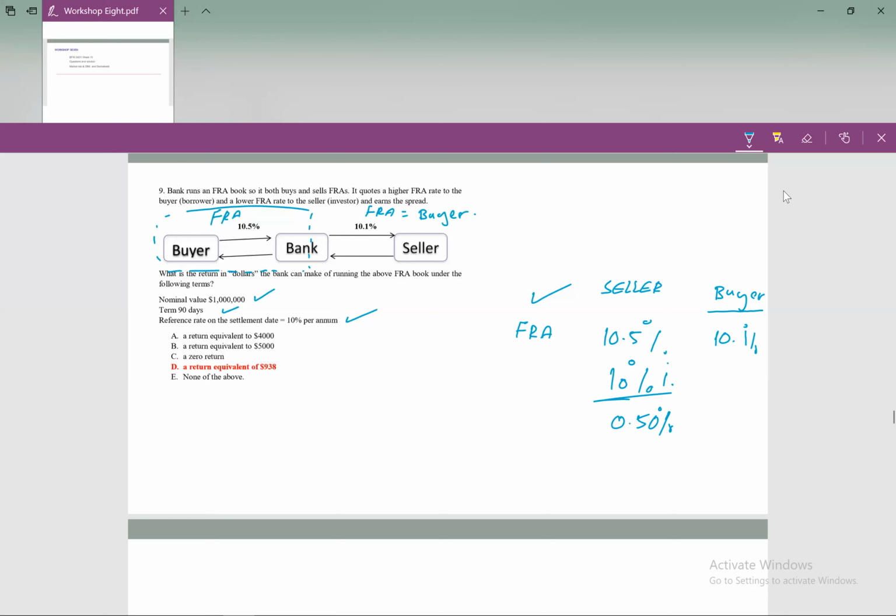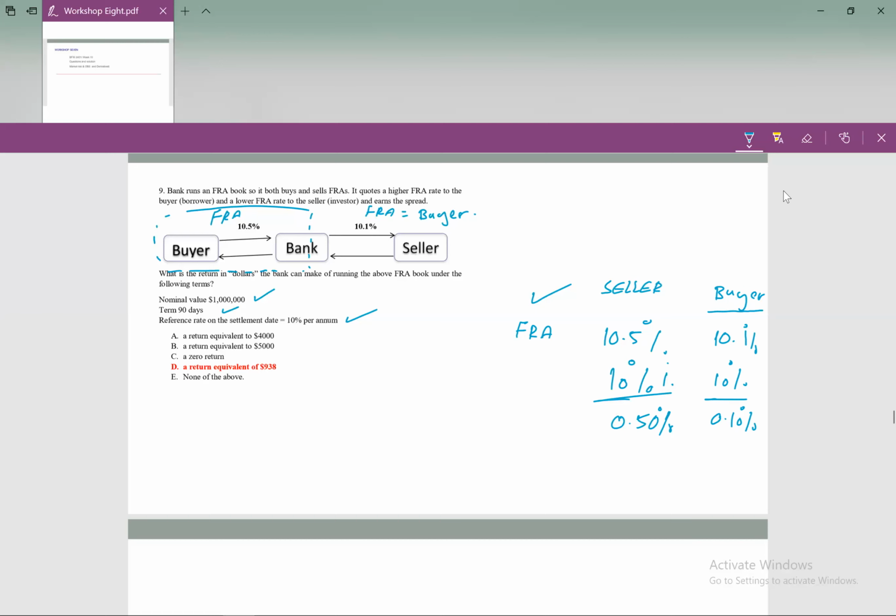And the market is 10%. So actually, it is 10 basis points. 10 basis points paid by whom? Paid by the bank, because the bank will pay 10.1 and get 10.